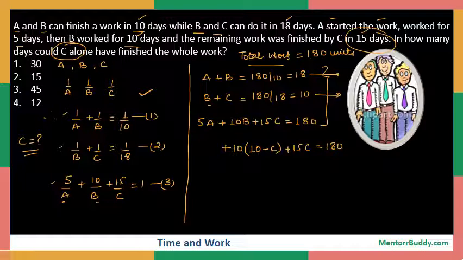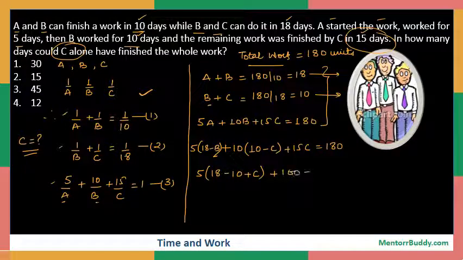And if I put the value of A in terms of B, that is 18 minus B, this becomes 5 times (18 minus B). Again, I have to replace B in terms of C, so 18 minus B becomes 18 minus (10 minus C), and the rest of the equation is 100 minus 10C plus 15C is equal to 180.